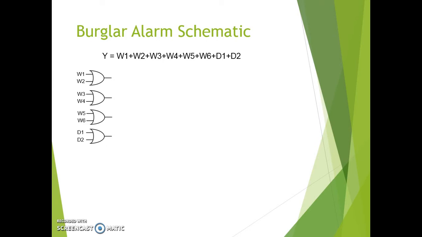Our initial set of 4 gates gives a positive result if window 1 or window 2 triggers, and so on for the other gates. But then we can combine them into OR gates and further into other OR gates until finally we get to the point where the output Y is positive if any of those sensors are triggered.